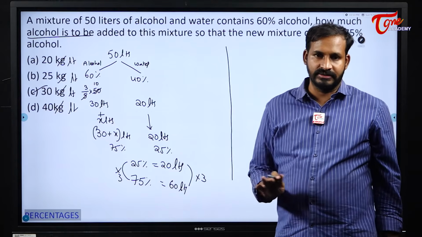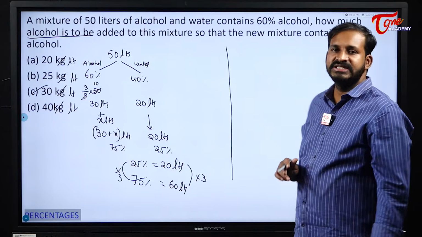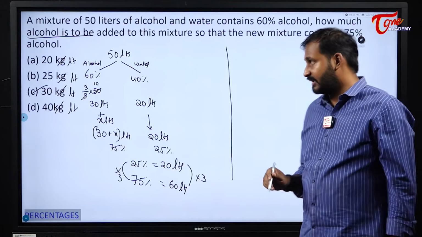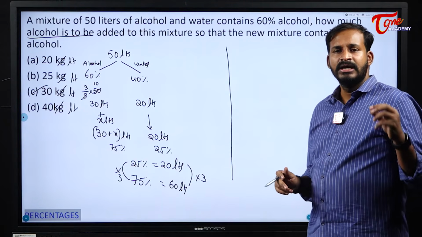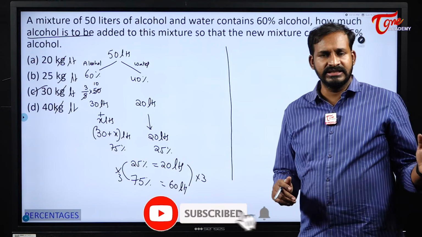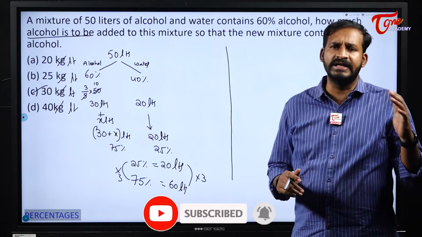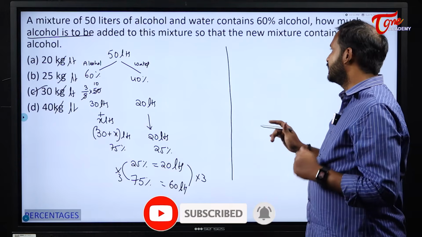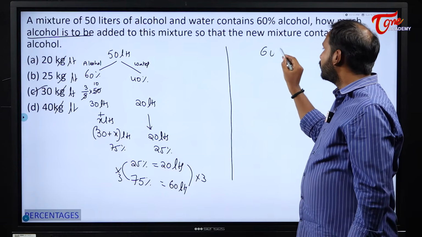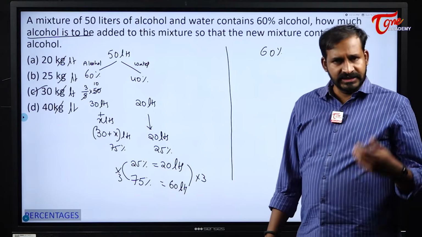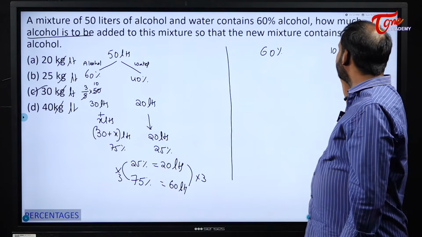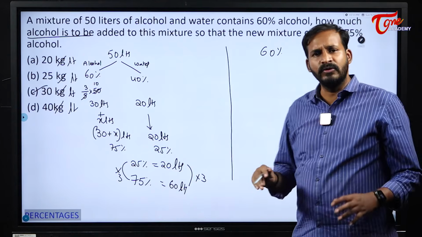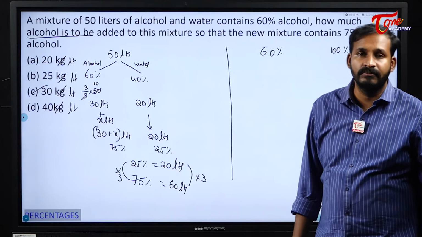This is one concept. Now, we will take the help of the mixtures concept. Listen here carefully, but try to understand the things. No need to worry. Later, anyway, while discussing mixtures and alligations, we will discuss the same concept in detail. But for the time being, listen here. I have a 60% alcohol mixture, whatever it may be. I need to mix it with pure alcohol.